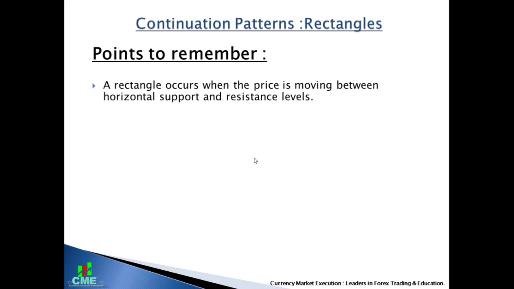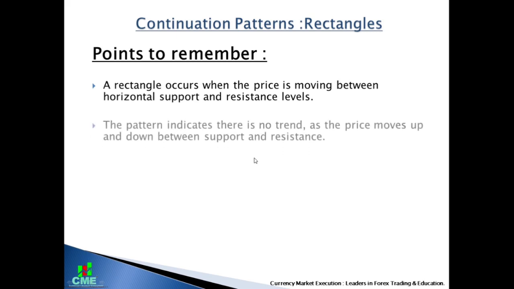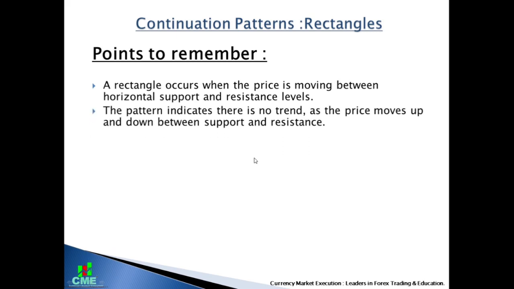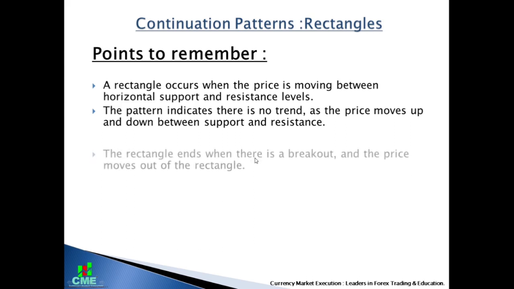A rectangle occurs when the price is moving between horizontal support and resistance levels. The pattern indicates there is no trend, meaning there is no up or down movement. It is just a sideways trend. As the price moves up and down between support and resistance, the price is stuck in a range.